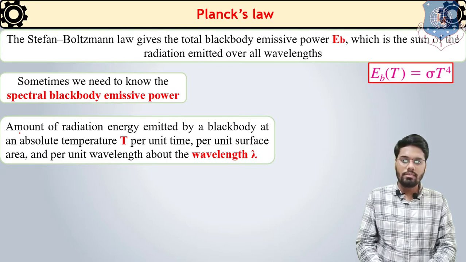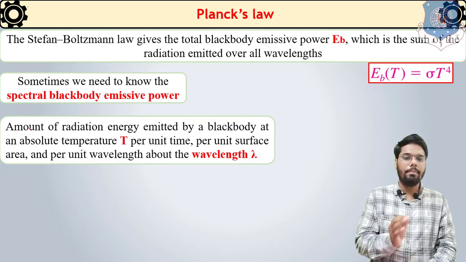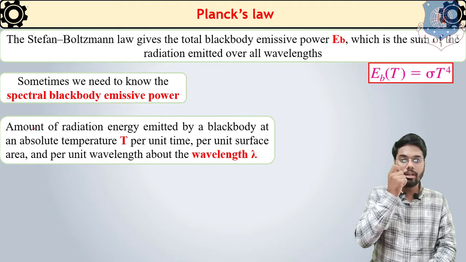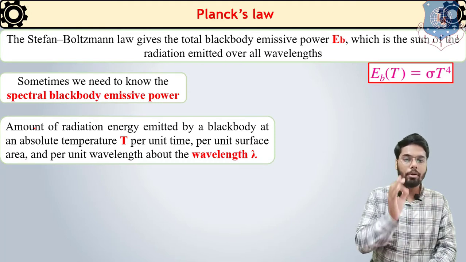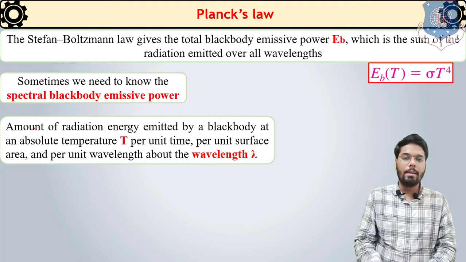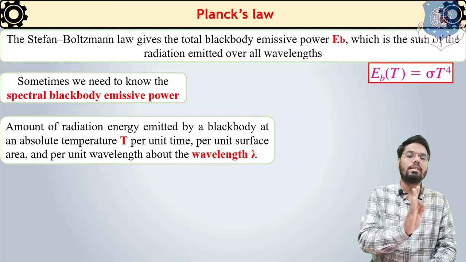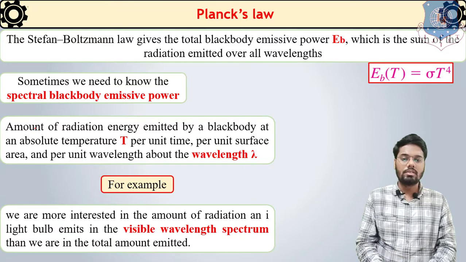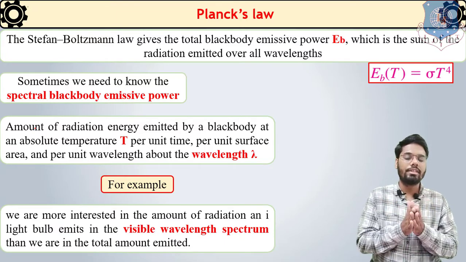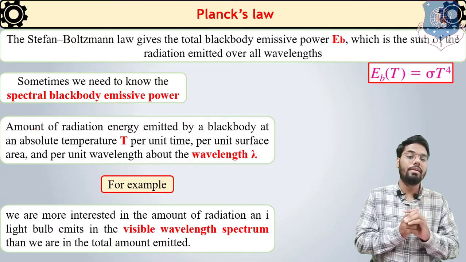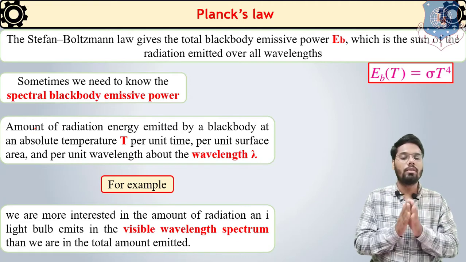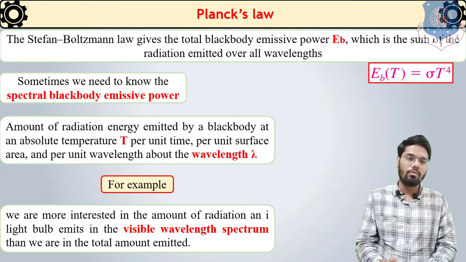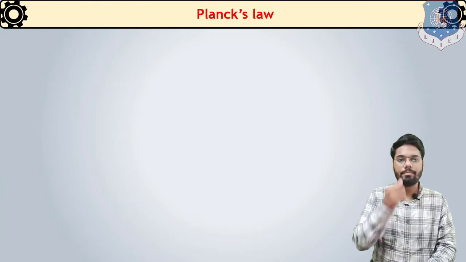As written here, it is the amount of radiation energy emitted by a black body at an absolute temperature T per unit time, per unit surface area, and per unit wavelength about the wavelength lambda. For example, as we have just discussed, we are more interested in the amount of radiation a light bulb emits in the visible wavelength spectrum than in the total amount of electromagnetic wave emitted.